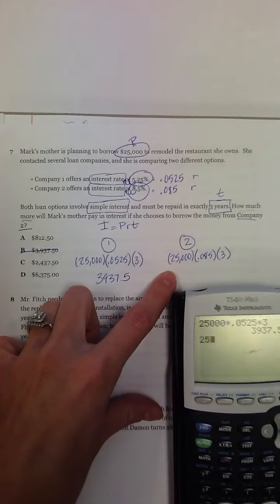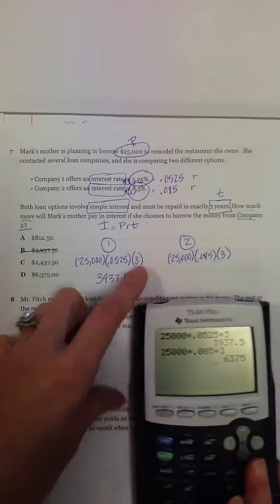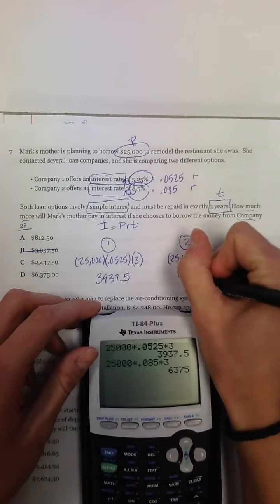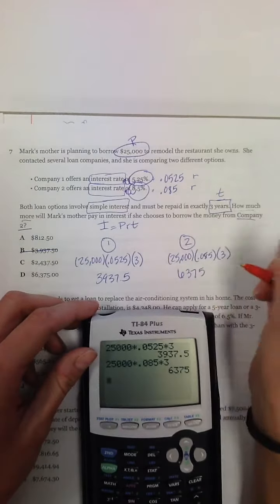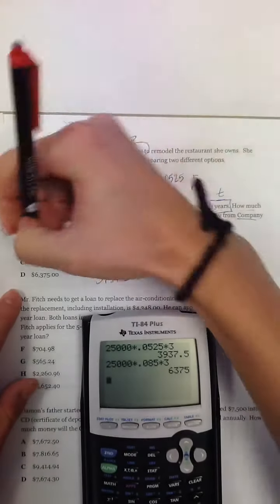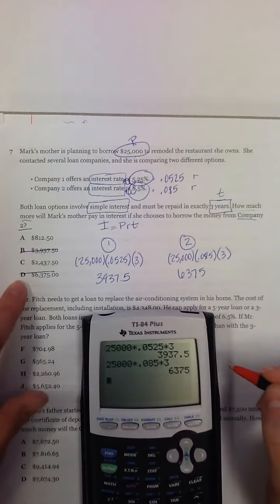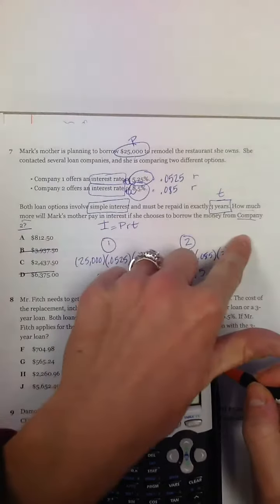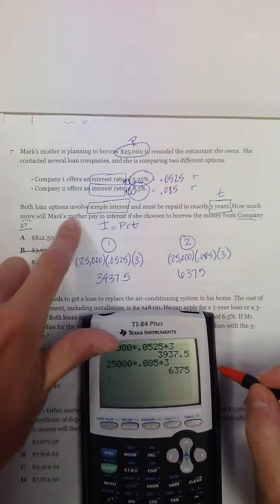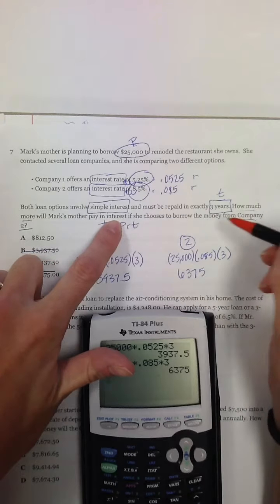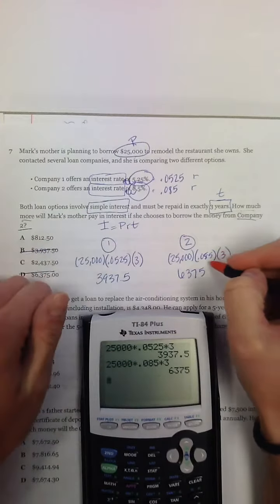Option 2, 25,000 times 0.085 times 3. So that's 6375. And that's an answer choice too. They're trying to trick you guys. Don't fall for it. We want to see how much more will the mom pay in interest if she chooses to borrow from company 2.